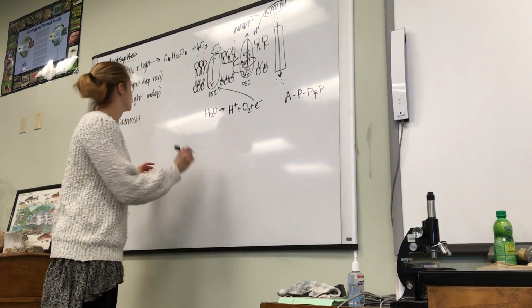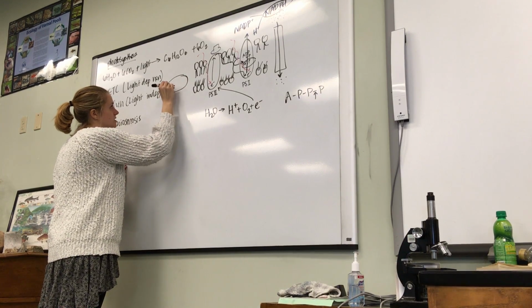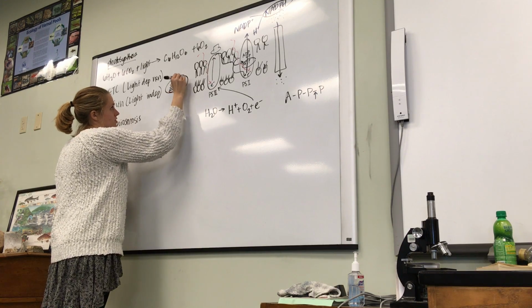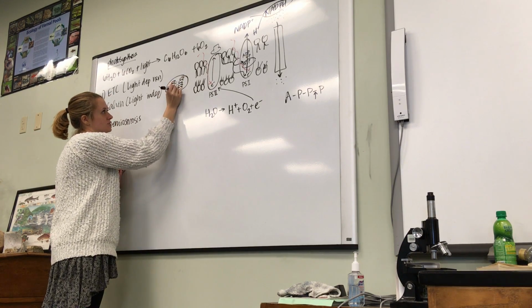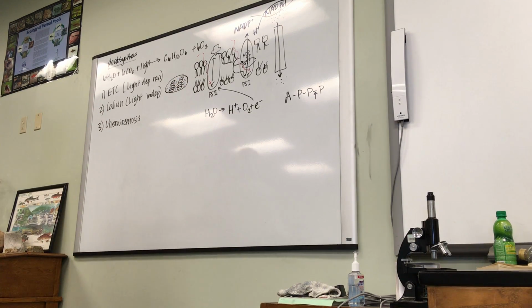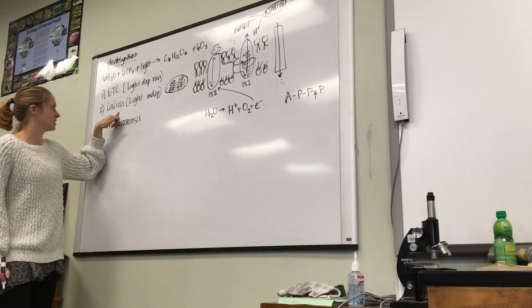If you remember when we talked about a chloroplast, we have these thylakoids, and the syrupy stuff on the outside is the stroma. So the NADPH is actually in the stroma. That NADPH and that ATP are going to be important for later on, because those two things are going to be used in the Calvin cycle.